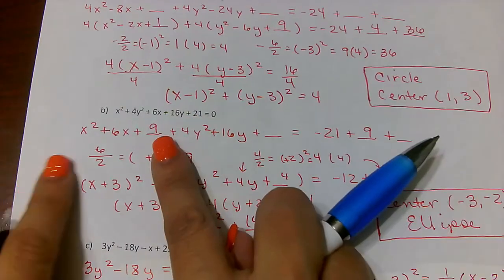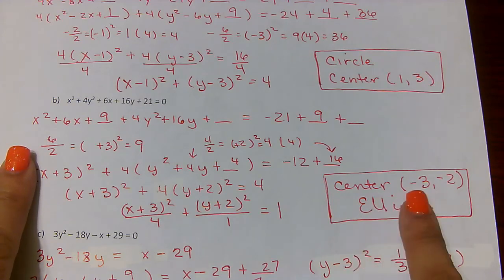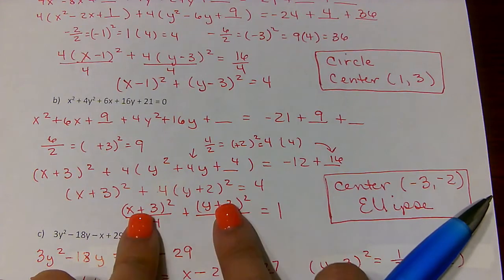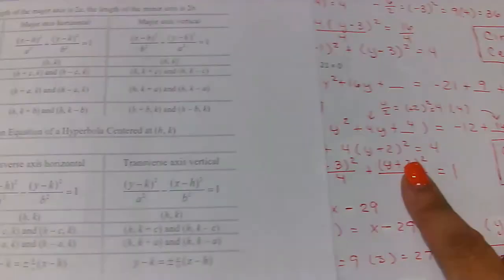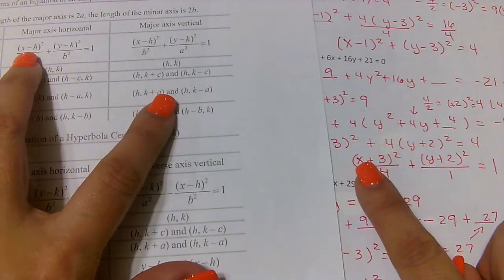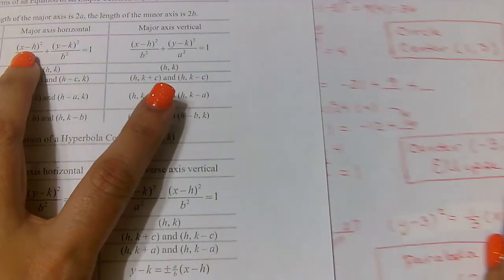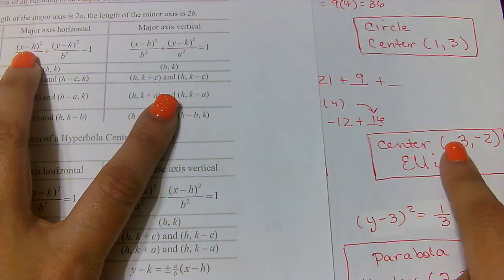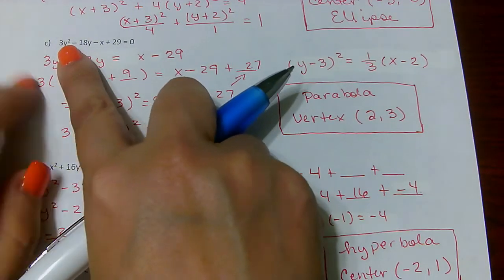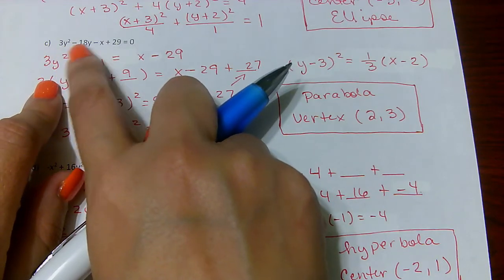So I labeled part B as an ellipse, and the center is going to be at -3, -2. Remember, on our ellipse equations, we want to have built-in negatives. Since these are positive here and here, I have to take the opposite sign. So -3, -2.